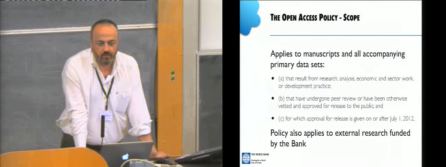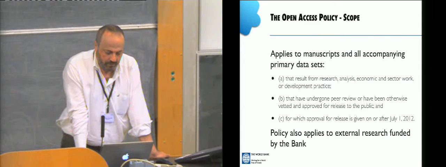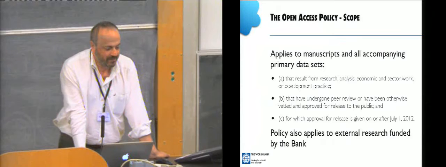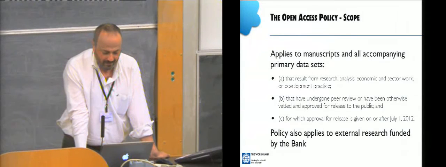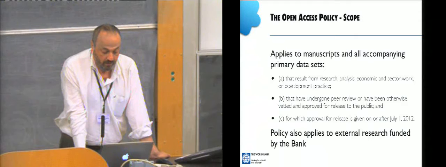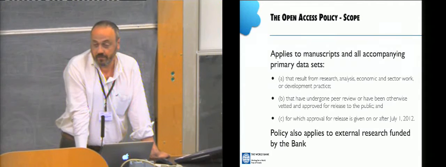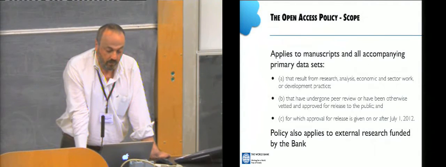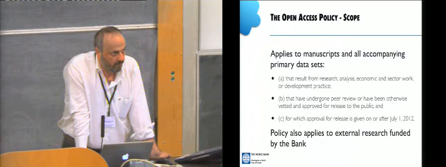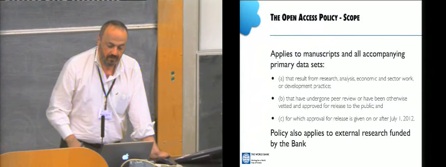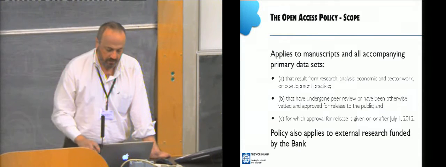There are a huge number of researchers and economists within the bank, and they not only want to publish internally with the Office of the Publisher, as prestigious as that is, but they also have the need to publish with commercial publishers. So the policy does apply to this material, and at the moment we're working through how we negotiate embargoes with the bigger publishers in the economics area.